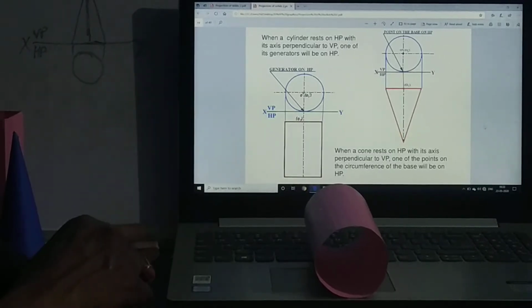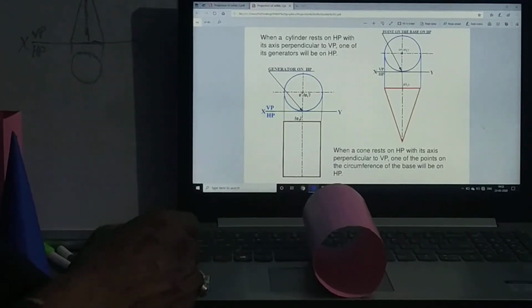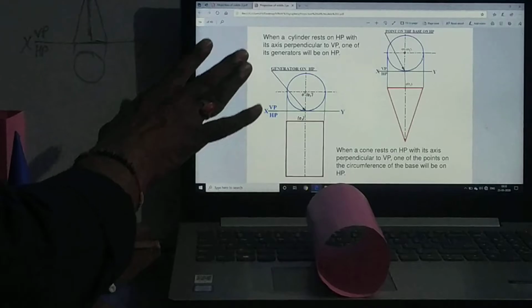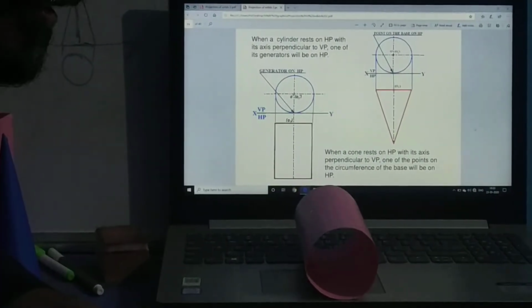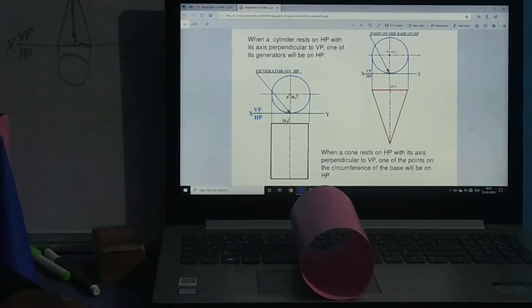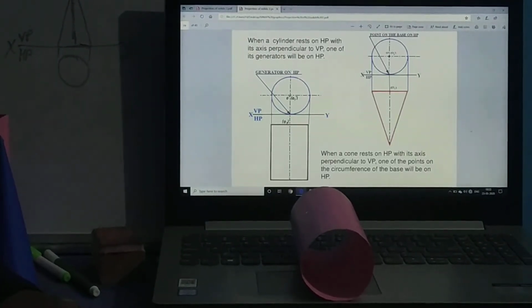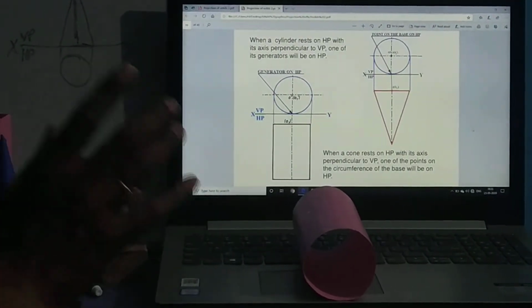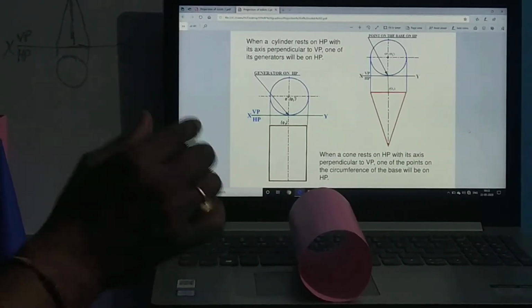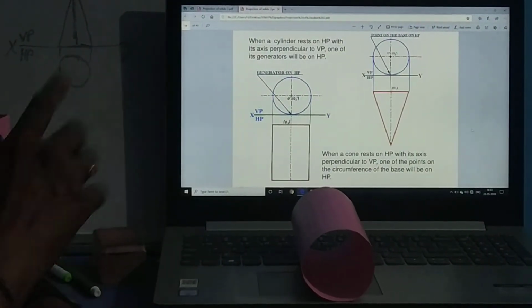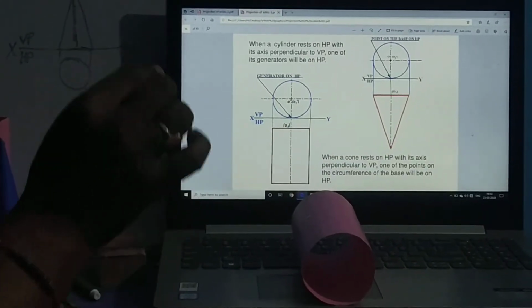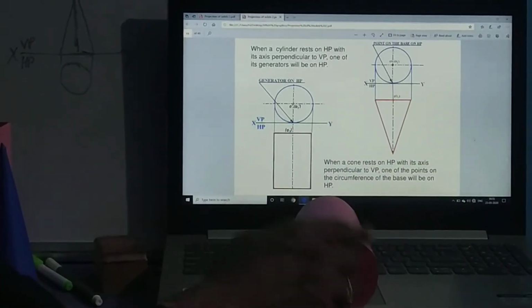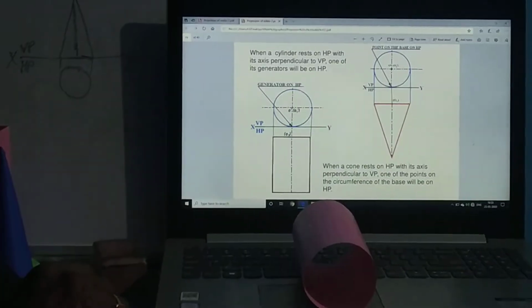Again the question is the same: what will we draw first? Either the circle on the VP first or the rectangle on the HP first. I have explained already: try to draw that image on that plane, either HP or VP, where you are getting its base shape in true shape.